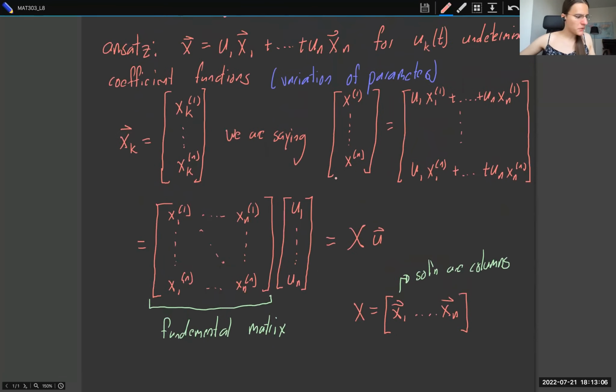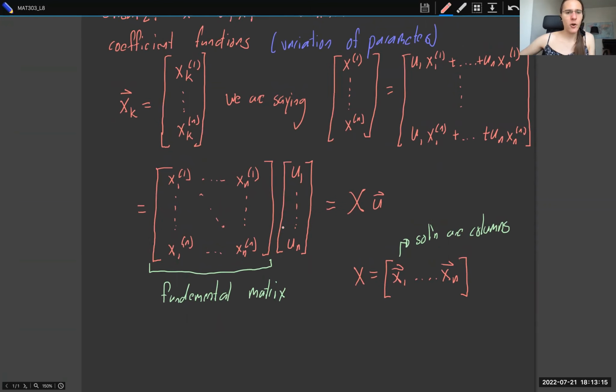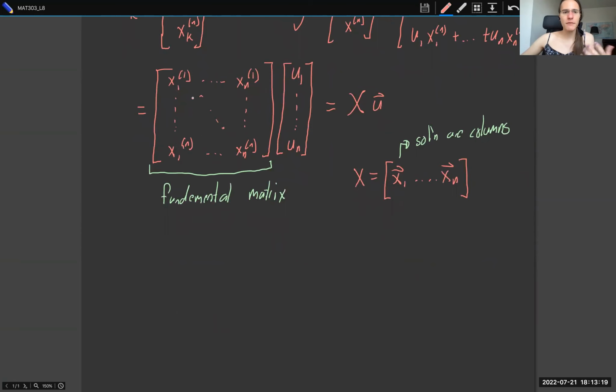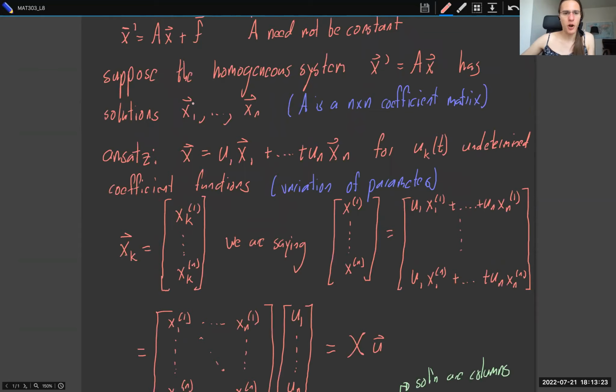Okay, well, let's see what happens when we have this notion of the fundamental matrix. What we're going to note then is that each one of these columns is a solution to the homogeneous problem.